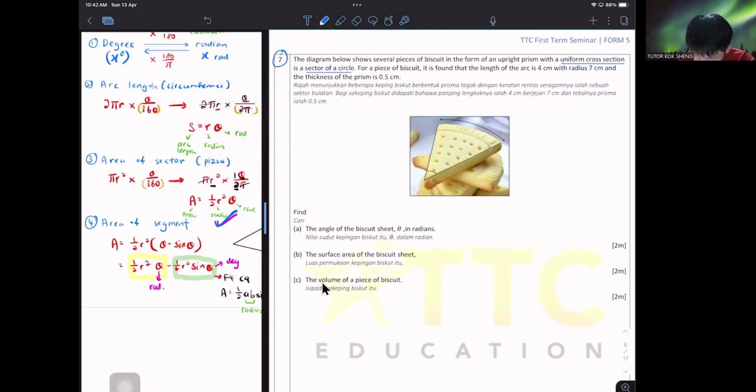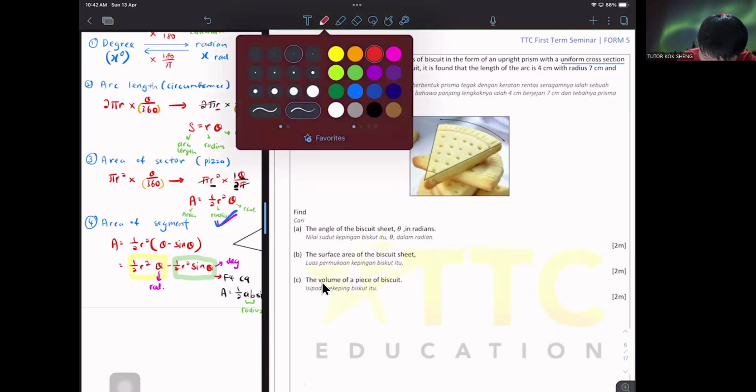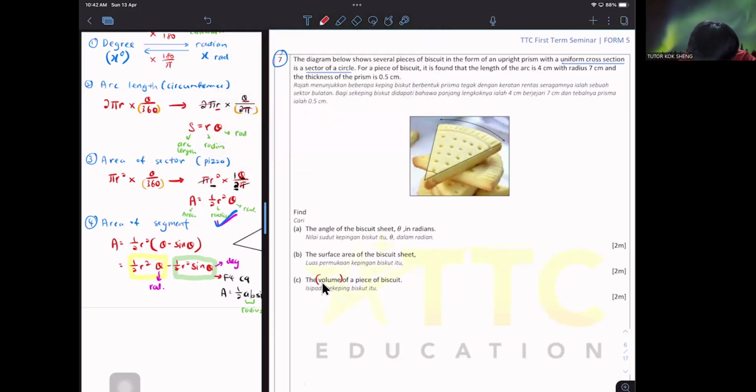So for this volume, you only need to use the cross-section area times the height. Because this shape, I think you never saw before, I mean the biscuit like this. That's why I have to know what the cross-section shape is first, for the volume later.